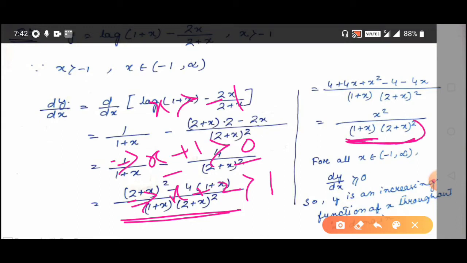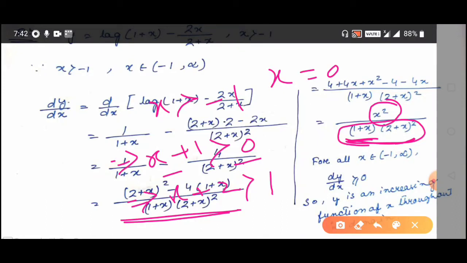So the lower part is greater than 0, and since here it is x square, any square quantity is greater than 0.